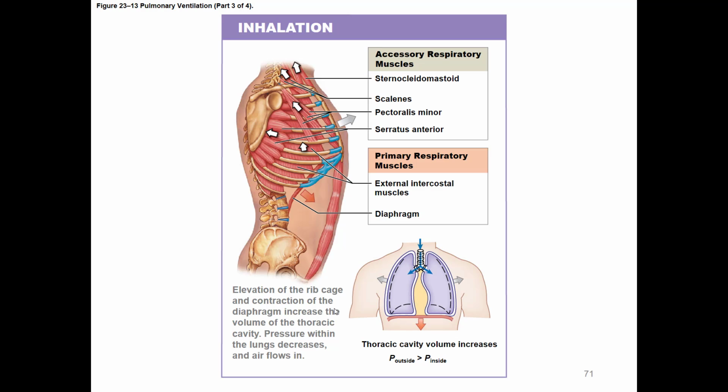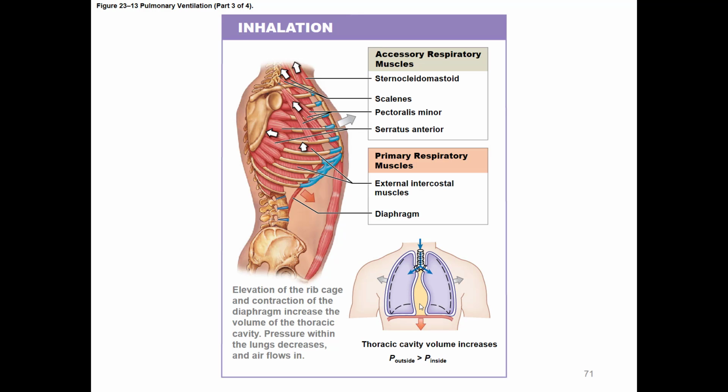Now here, we are getting ready to inhale. Now remember Boyle's law. If volume goes up, pressure goes down, and if volume goes down, pressure goes up. So here we have the rib cage elevating, like it does when we breathe in, and the diaphragm contracting, which means it's going to pull down.